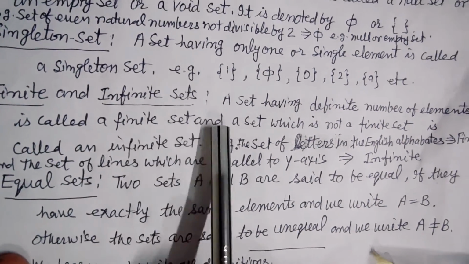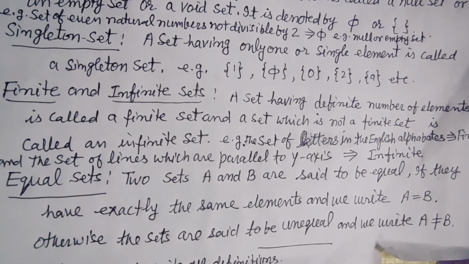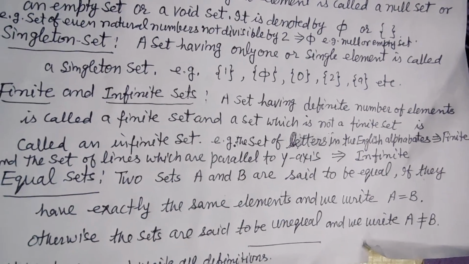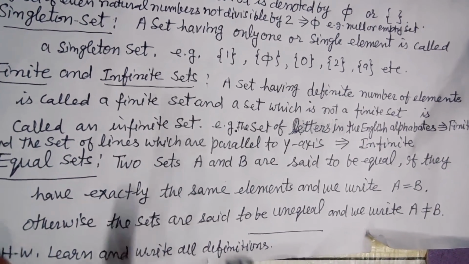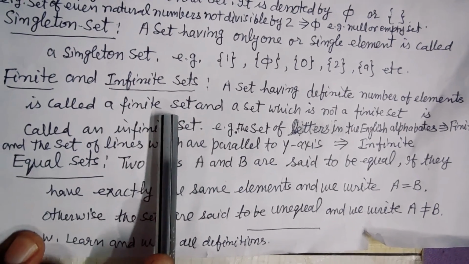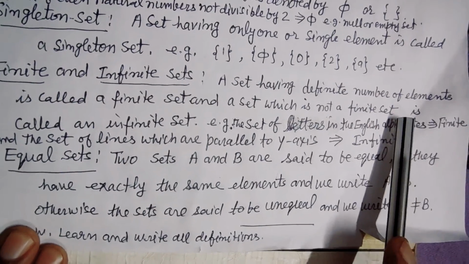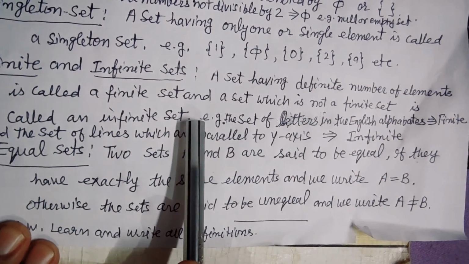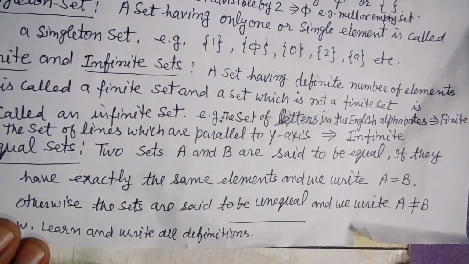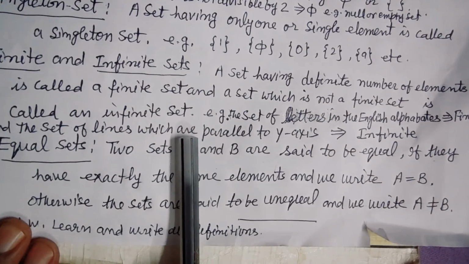Finite and infinite sets. Now consider finite and infinite. Finite means definite, certain, and infinite means uncertain, indefinite. Clear? A set having a definite number of elements is called a finite set, and a set which is not a finite set is called an infinite set.